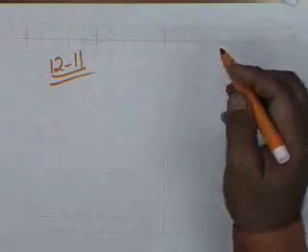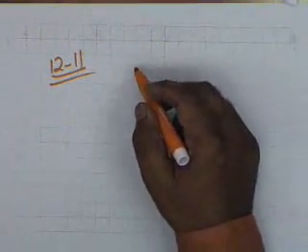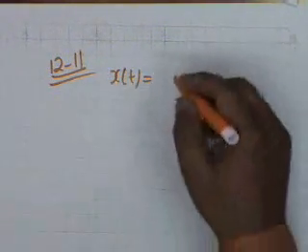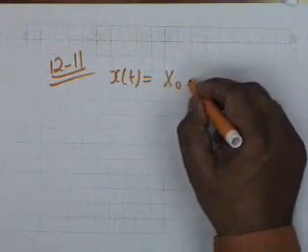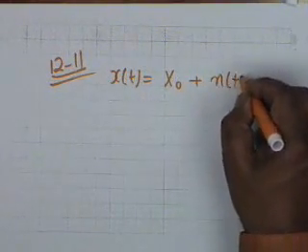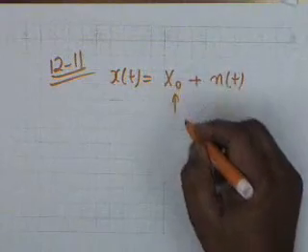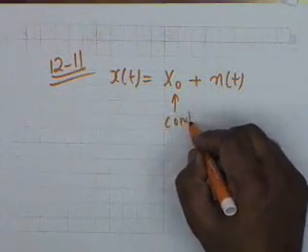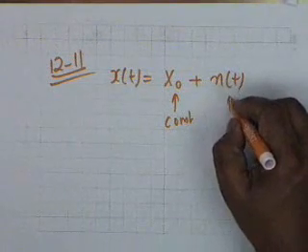It says that a random process has sample functions of the form x(t) equal to x naught plus n(t), where x naught is a DC constant and n(t) is random noise.